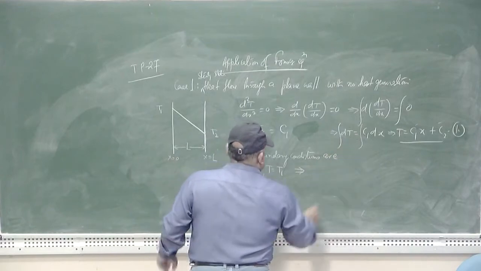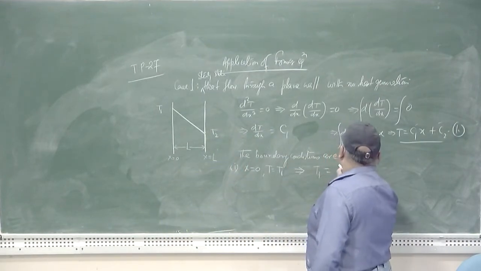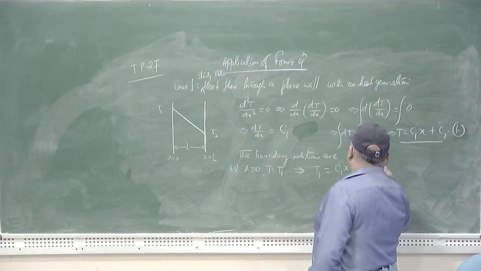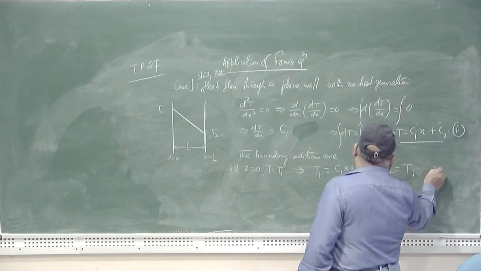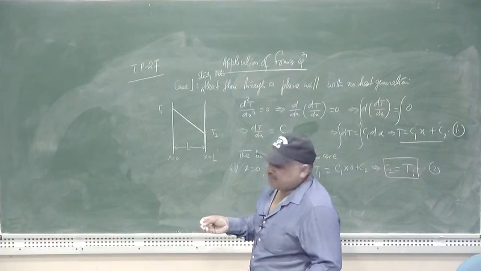So from equation number 1, we can write here T1 is equal to C1 into 0 plus C2. So the value of the second integration constant has been arrived as C2 is equal to T1. Now take the second boundary condition.